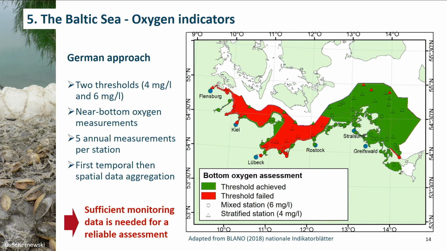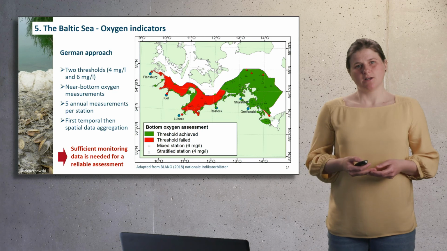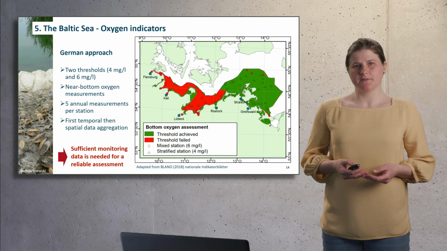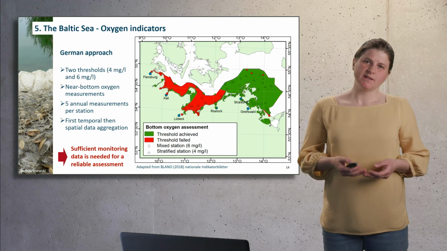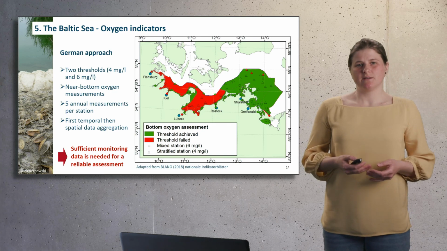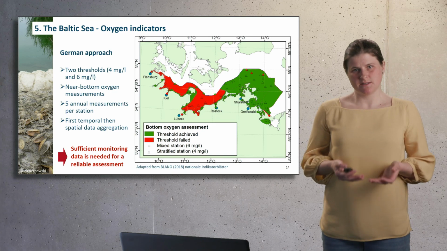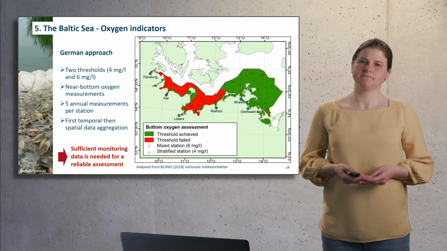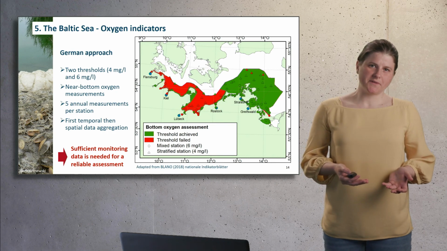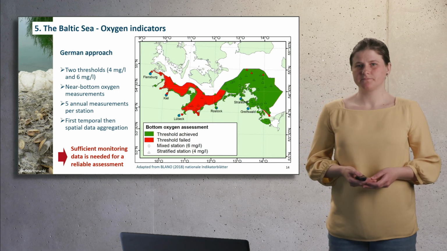And second, not always the whole water column is monitored. So currently, observational data does not provide the spatiotemporal resolution needed for a highly dynamic indicator such as seasonally occurring oxygen depletion. But how to fill the gaps in the monitoring data?